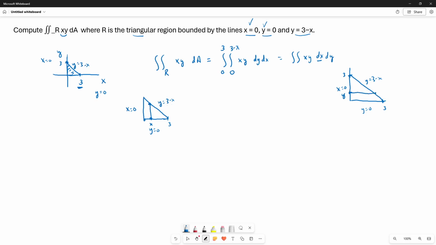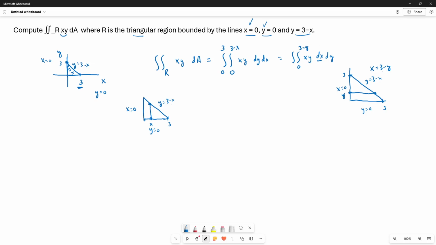So the x goes from 0 until it hits the line. So what's the x coordinate here? Well, if we solve this equation for x, it's x equals 3 minus y, just adding x to both sides and subtracting y from both sides. So for a given y, this x coordinate is 3 minus the y coordinate.